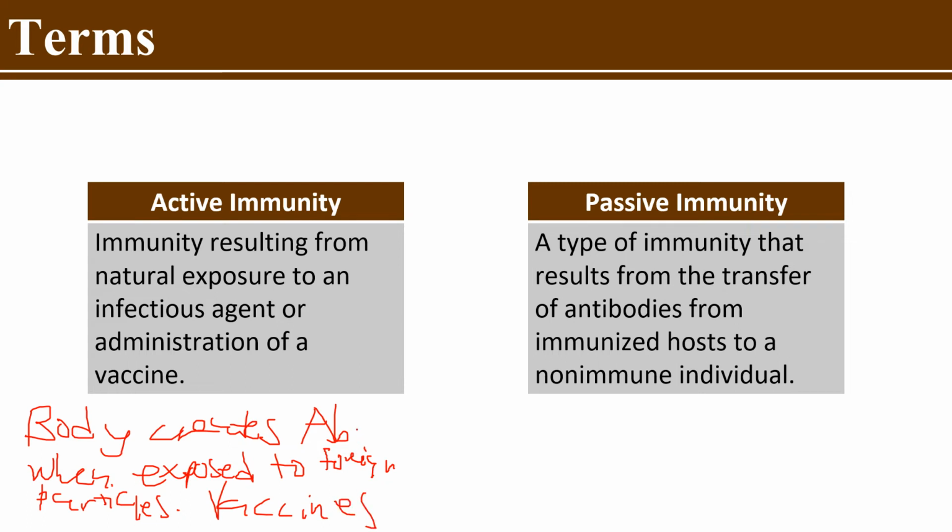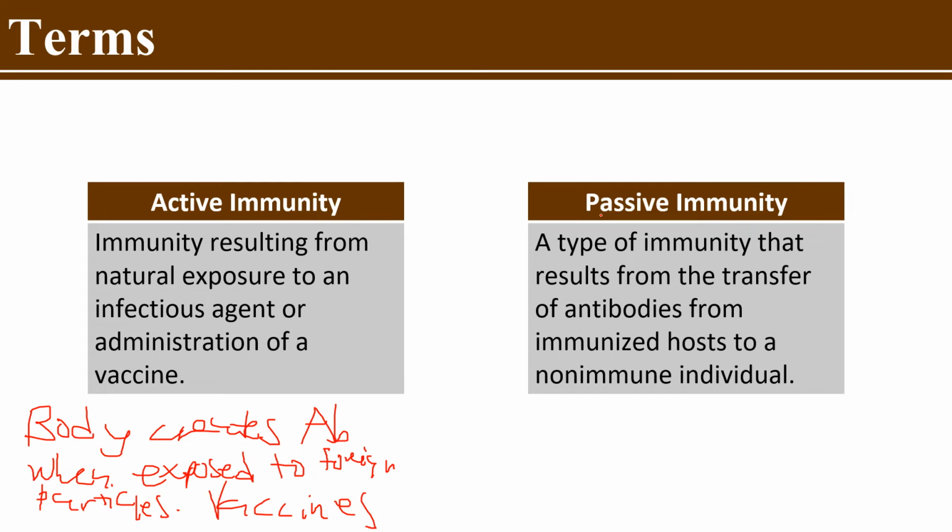Again, active immunity class would basically, from the word active, your body is actively creating antibodies when exposed to foreign particles, such as your bacteria, viruses, and your fungi. And an artificial way to produce antibodies would be through vaccine.